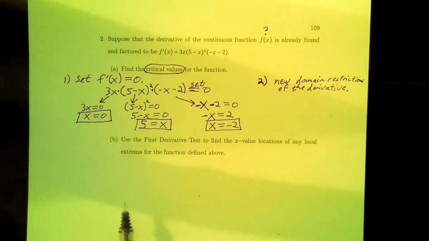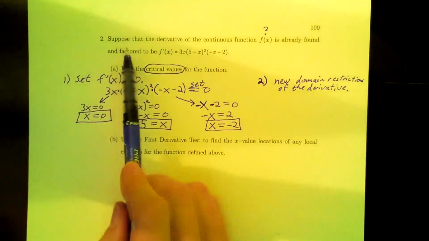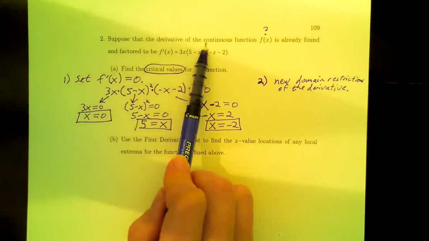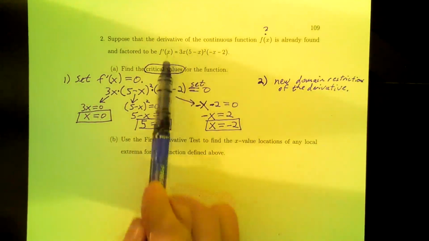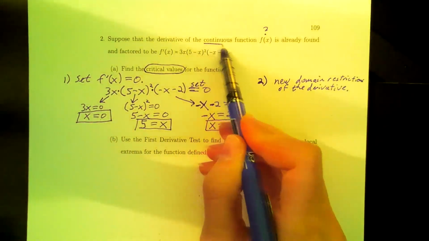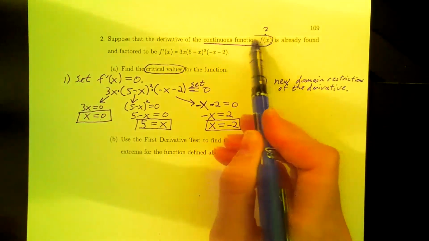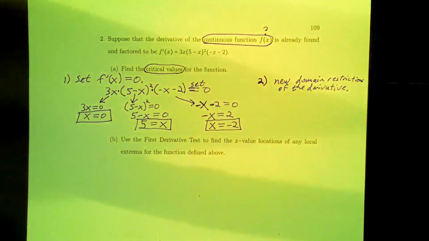When I look at the wording here, it says, suppose that the derivative of a continuous function is this. When they tell me that my function is continuous, they're telling me that my original function does not have any domain restrictions. It's nice, I can plot it.